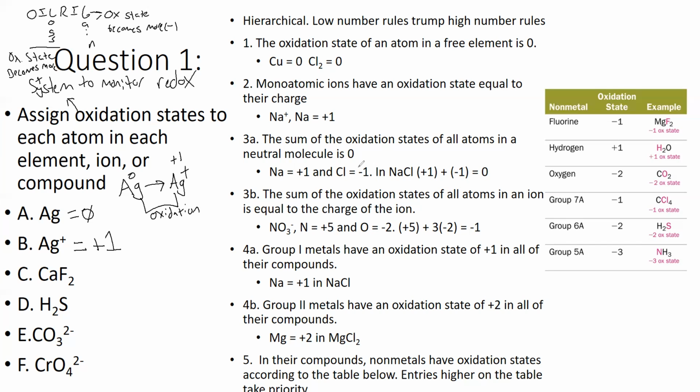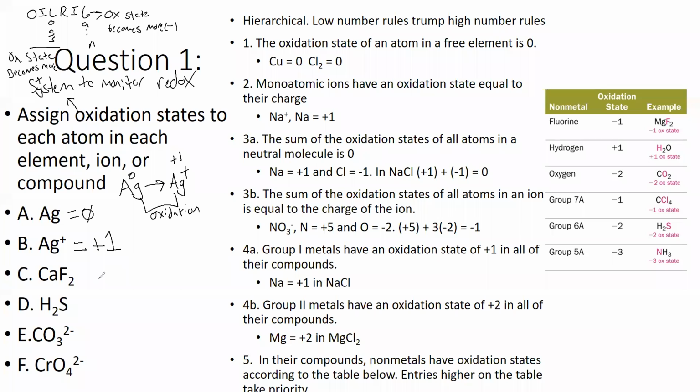So for example here, we have NaCl, and we'll get to rules 4 and 5, where I'm saying +1 and -1, so we can ignore that for now. But overall, NaCl is 0. All the oxidation states of the individual atoms equal 0.